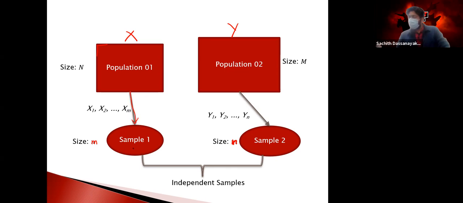We call it sample 1. Again, we are taking another sample from population 2, N observations. It is our sample number 2.